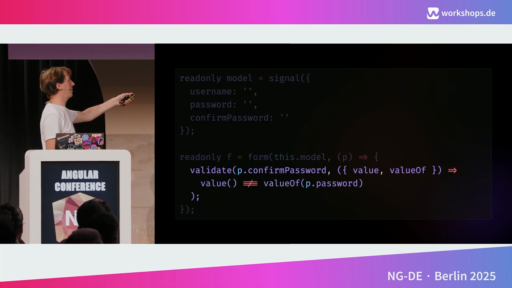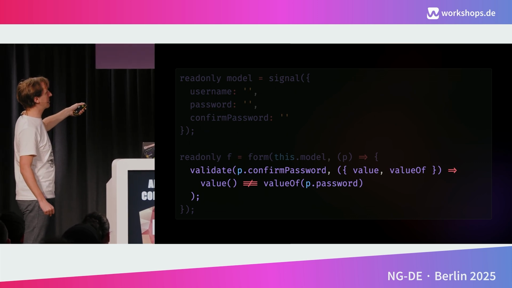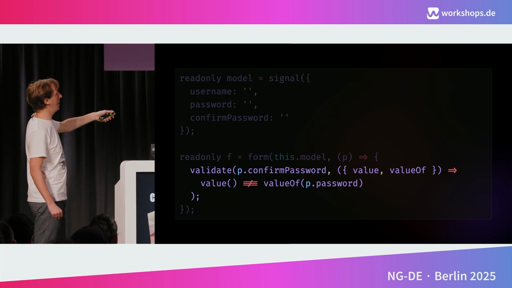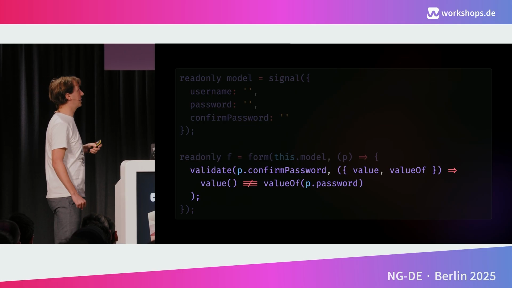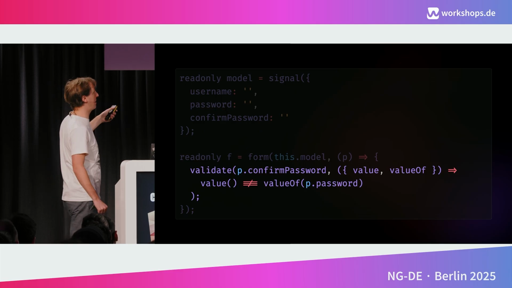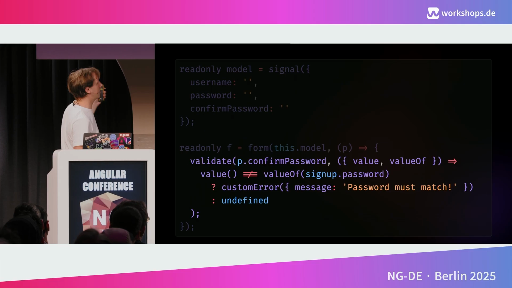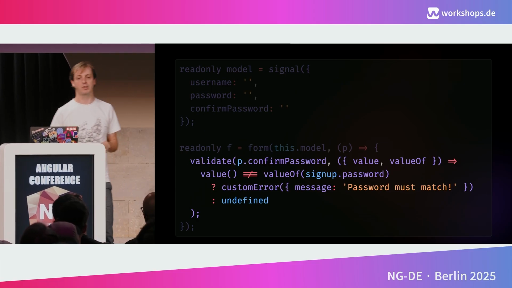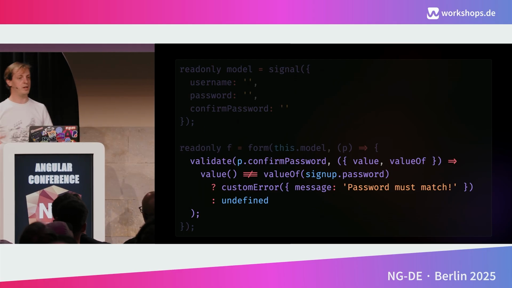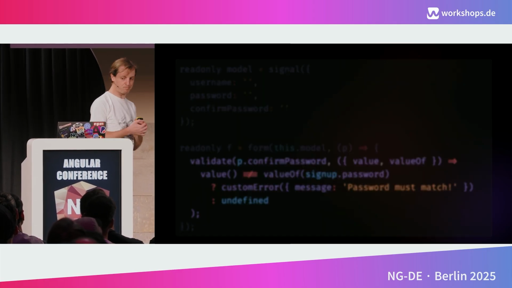So p, the path of the form, and here you access the password, and with value, you access the confirmed password field. So here, basically, you just confirm that both passwords are the same, and if they're not, you create a custom error with that error message, and if it's valid, then you just return undefined. A simple way to describe cross-validation in your signal forms.